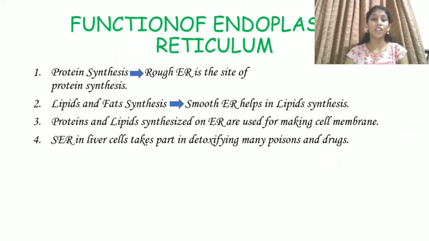Now we are going to study the function of the endoplasmic reticulum. Protein synthesis is done by the rough endoplasmic reticulum, and fats and lipids are synthesized by the smooth endoplasmic reticulum. Proteins and lipids synthesized on the ER are used for making the cell membrane.